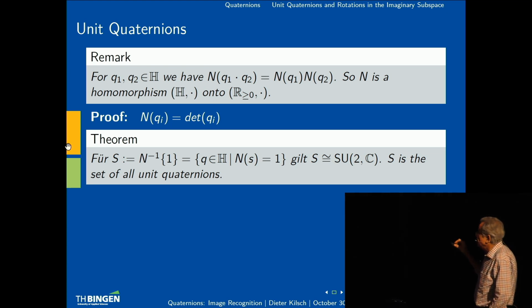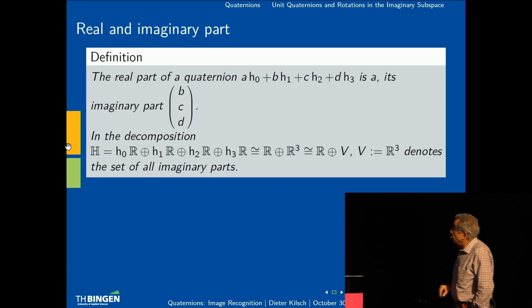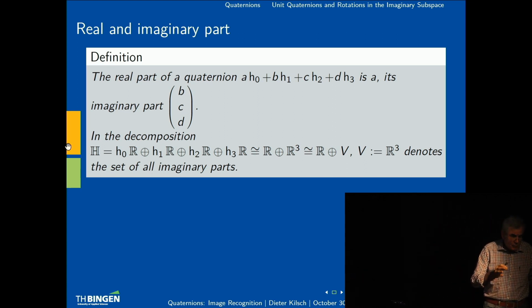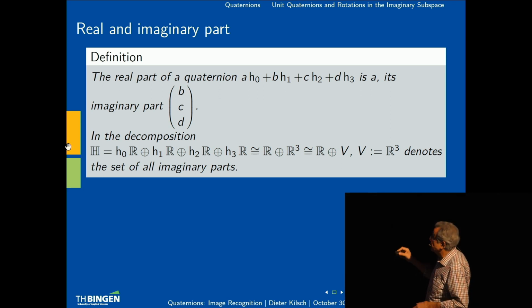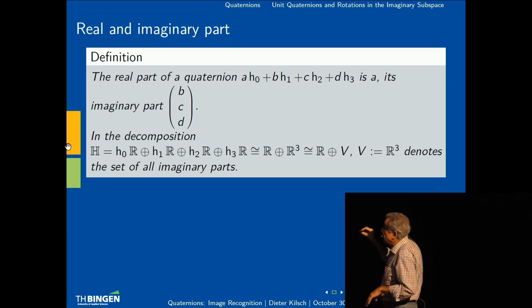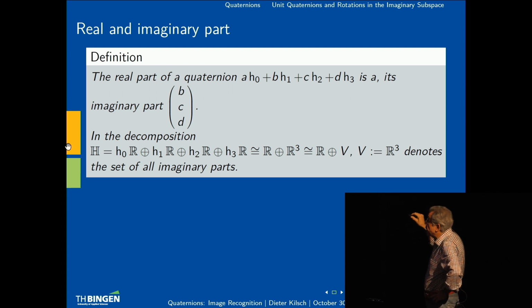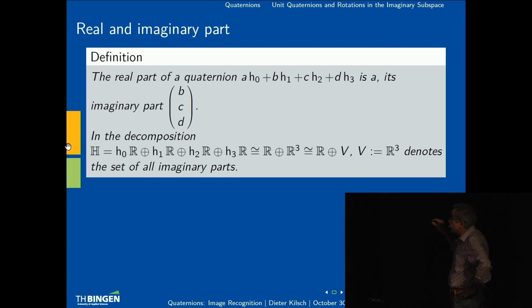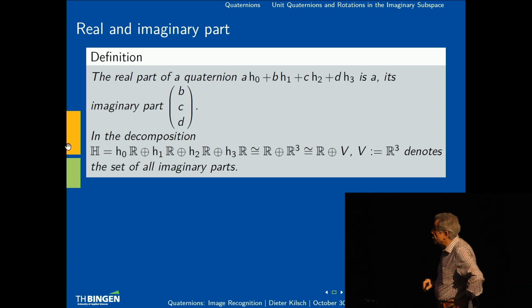So again, something to compare it with in matrix theory. Okay, now in the same way as we split in the complex numbers real and imaginary part, we do it with the quaternions, but we have 3 imaginary parts. But nevertheless, we divide the Hamiltonian space in 2 parts, the real and, with a direct sum, a 3-dimensional real vector space, and it's called the imaginary part.